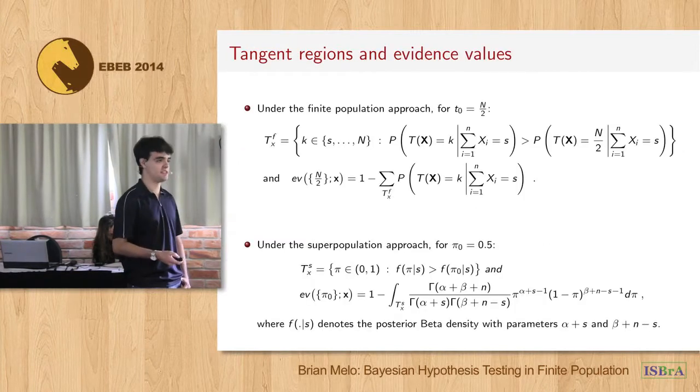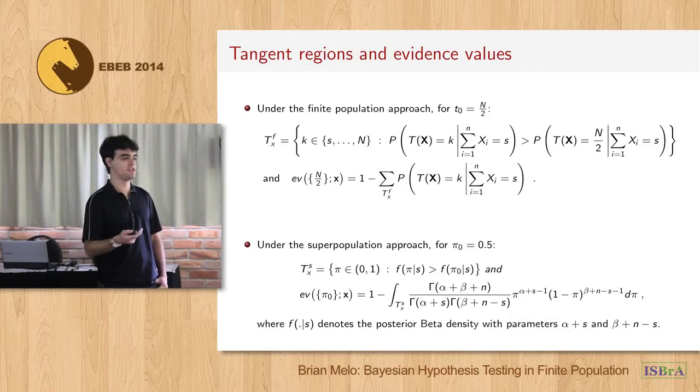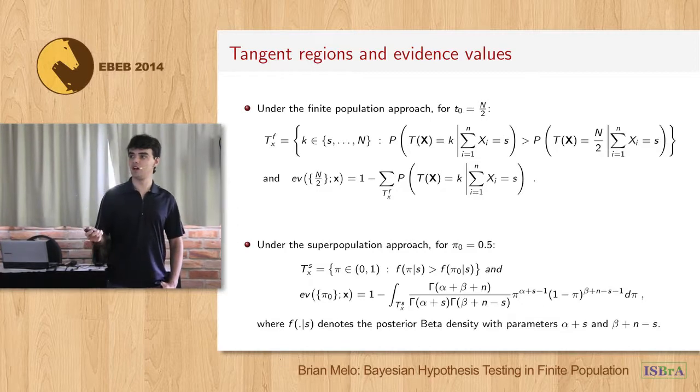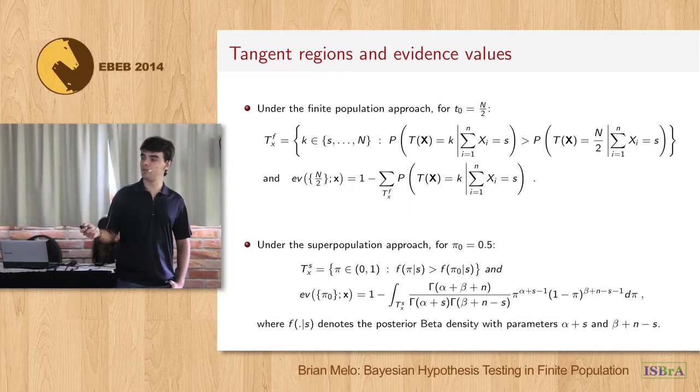So the FBST consists basically of two stages. First, we need to define our tangential region, which in the finite population model is the set of all points that have a probability larger than the probability of H0.